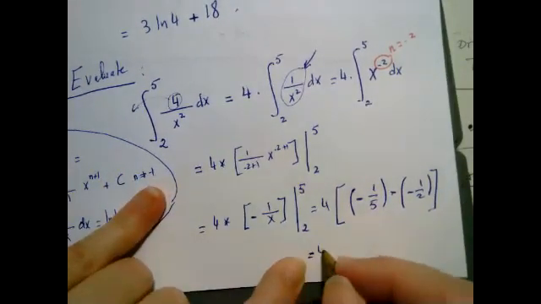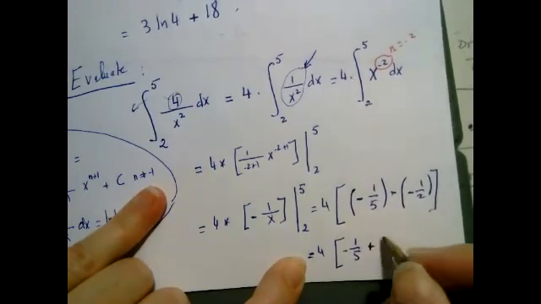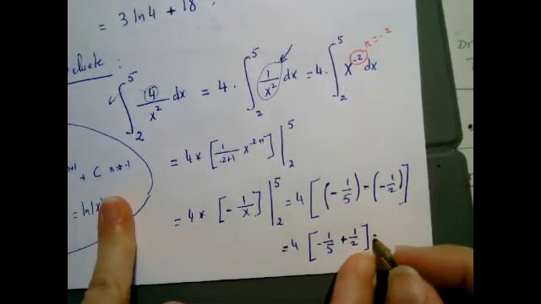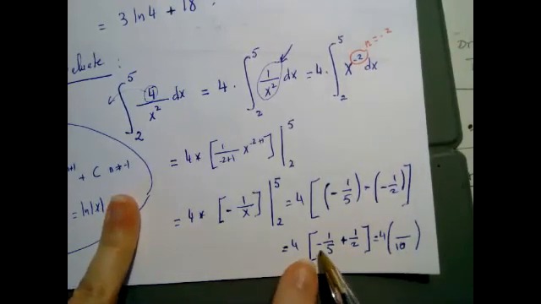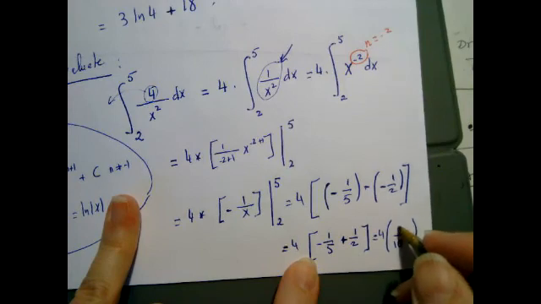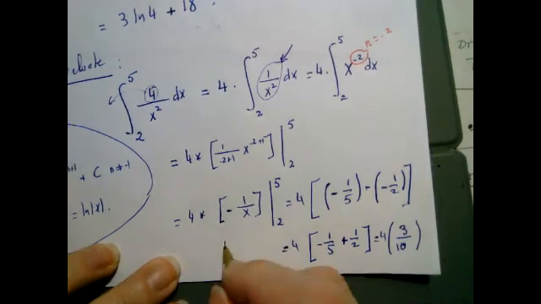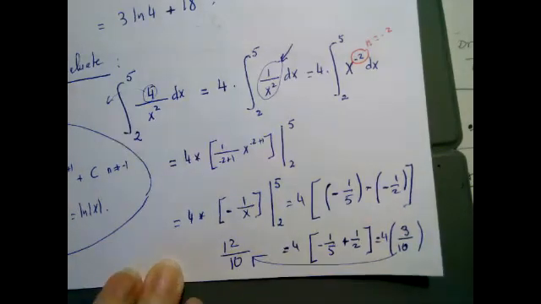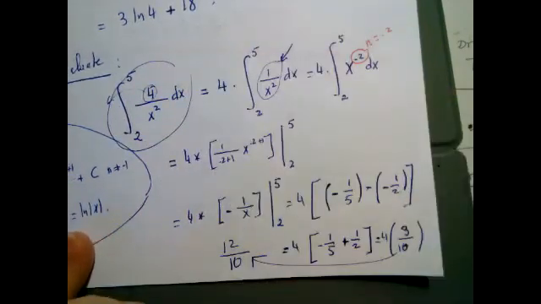And this will leave me with minus a fifth minus minus, plus a half. And finally, just to be complete, I can find a common denominator, and then I will have minus 2 plus 5, which is going to give me a 3. So the answer would be 12 over 10. Okay.